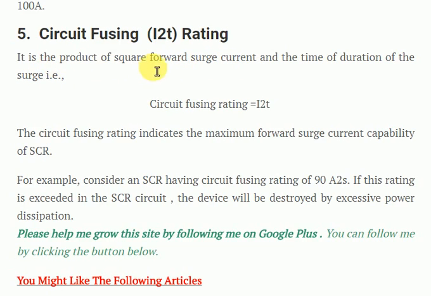It is the product of I squared, the forward surge current, and t, the time duration of the surge. The circuit fusing rating indicates the maximum forward surge current capability of the SCR.